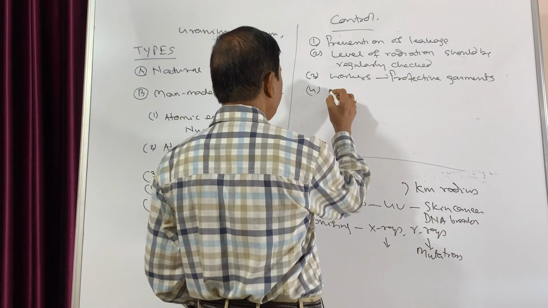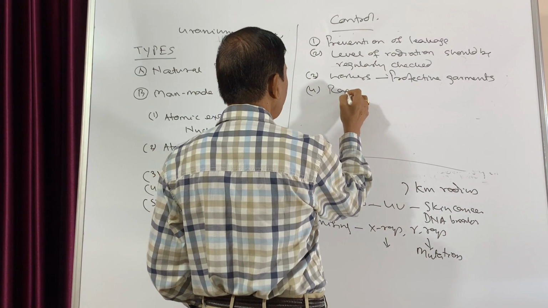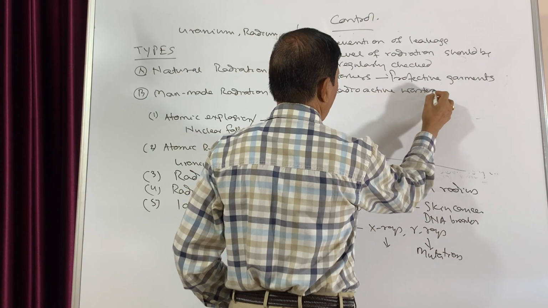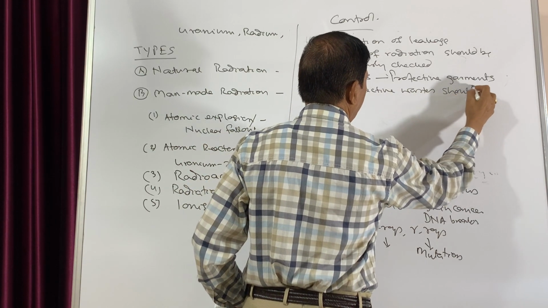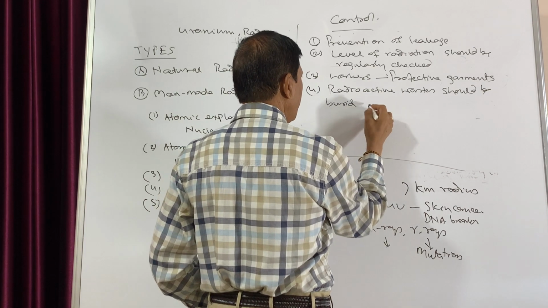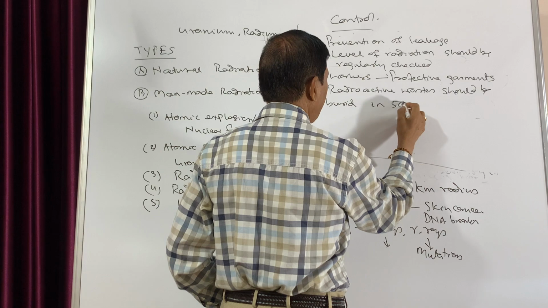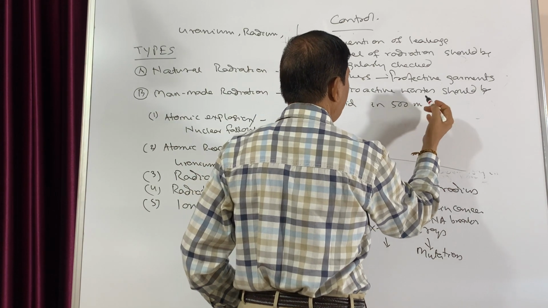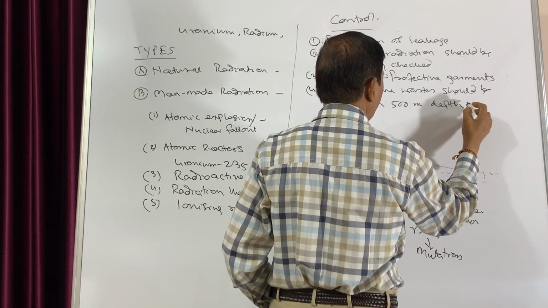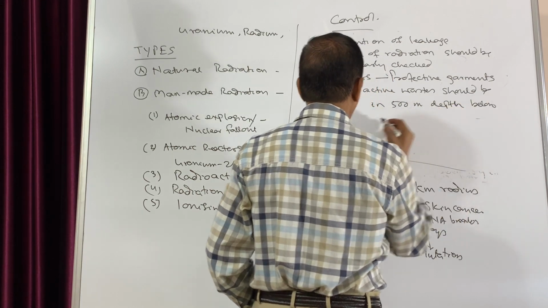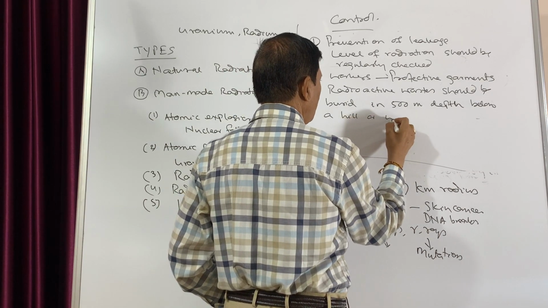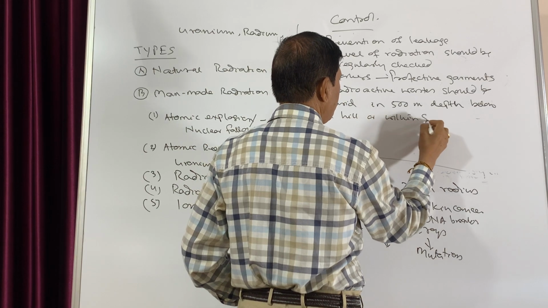The radioactive waste should be buried at 500 meter depth below a hill or within the sea.